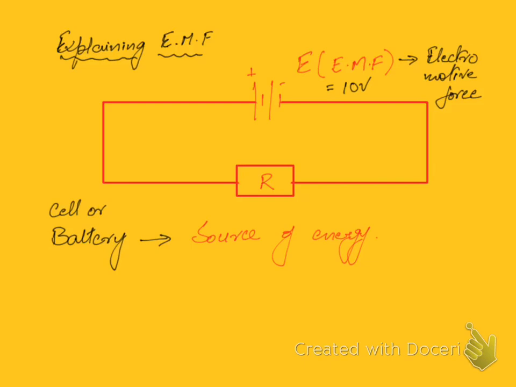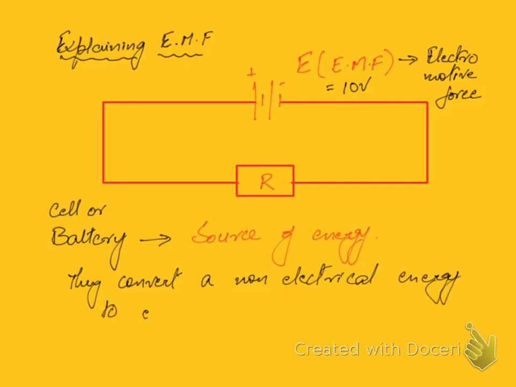A battery or a cell, actually, what they do is they convert a non-electrical energy to electrical energy. Okay, now you need to understand what it exactly meant when we say a non-electrical energy is converted to electrical energy.